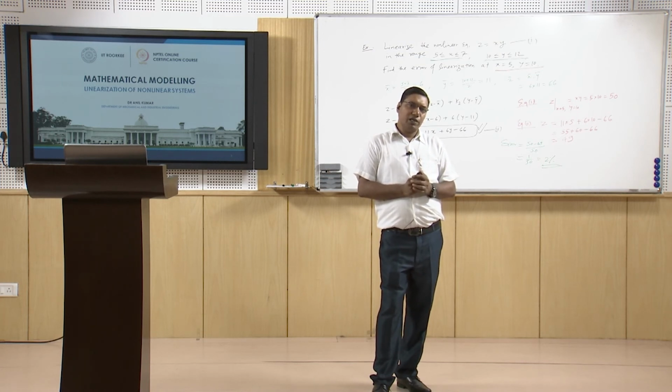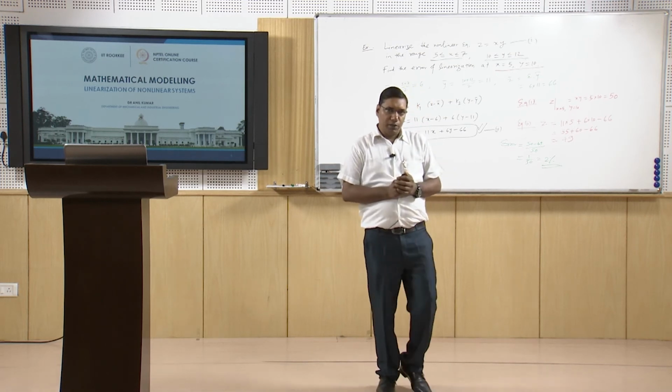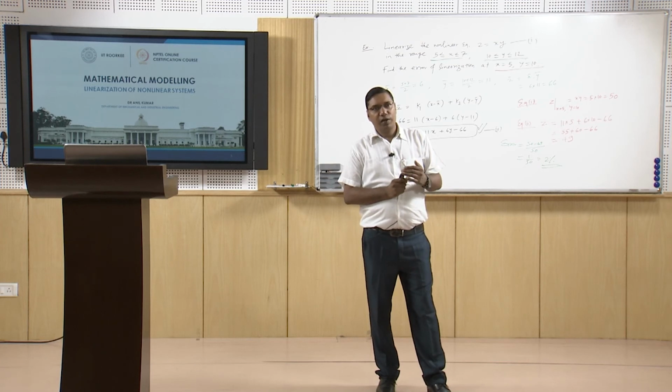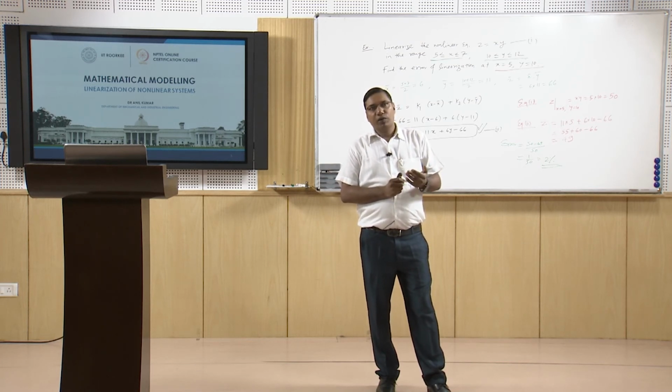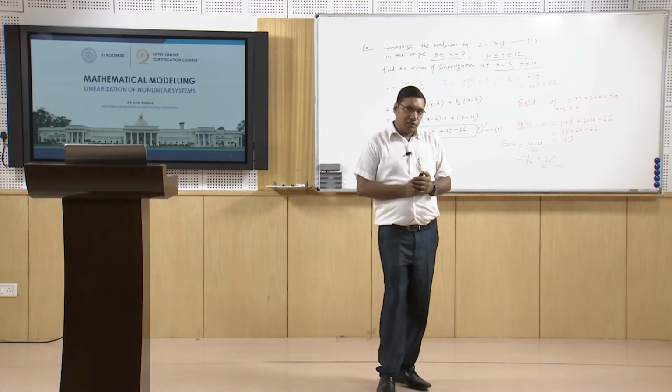We can linearize that nonlinear system, or nonlinear function, about that range, and once we are able to linearize, we can write the transfer function for that nonlinear system in that range, and that will help us to study the system using the transfer function.